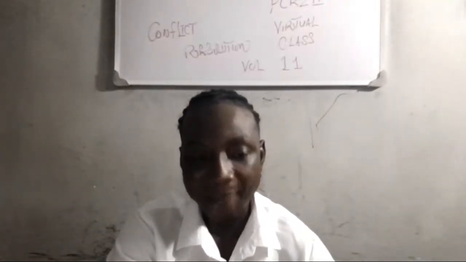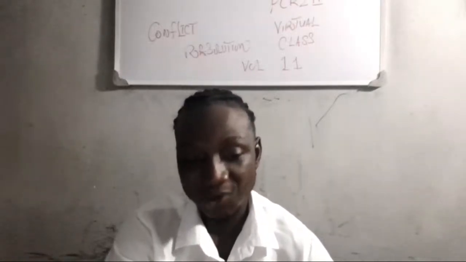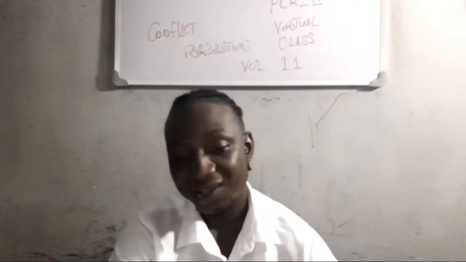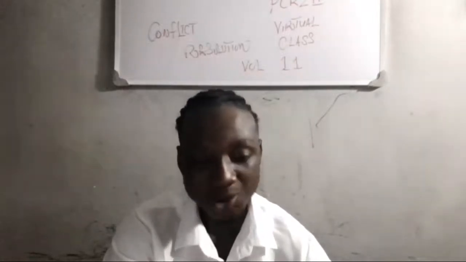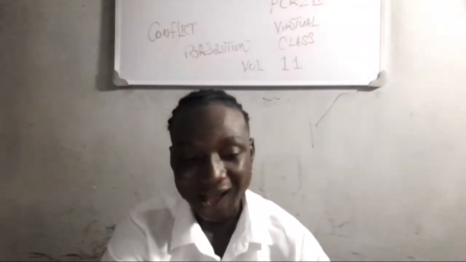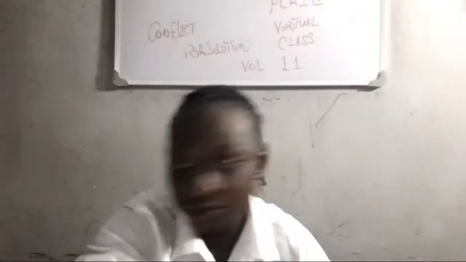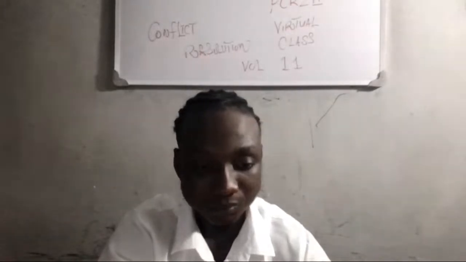Arbitration can simply be defined as the use of a neutral third party in conflict who listens to evidence put forward by the parties in conflict and later takes a decision which is expected to be binding on the parties. The decision taken by an arbitrator is usually referred to as an award. It's also a third-party intervention. So we have that.